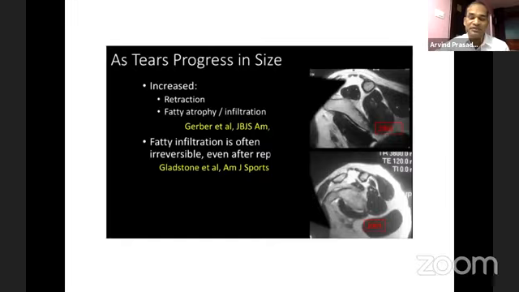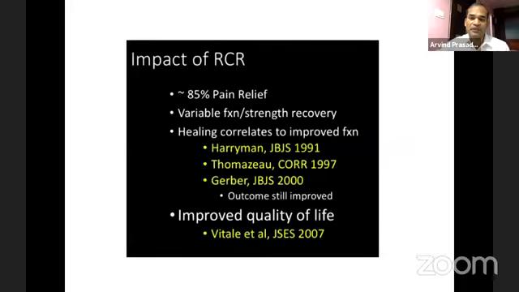At the same time, there will be fatty infiltration also, and this fatty infiltration will persist even if we repair the cuff. And if you repair the cuff, there is 85% pain relief. Strength varies from person to person and also depends upon the tear size of the cuff. At the same time, the quality of life will be improved.